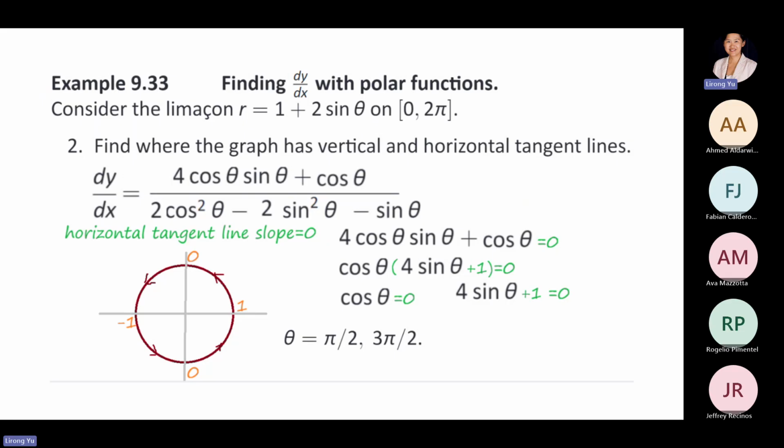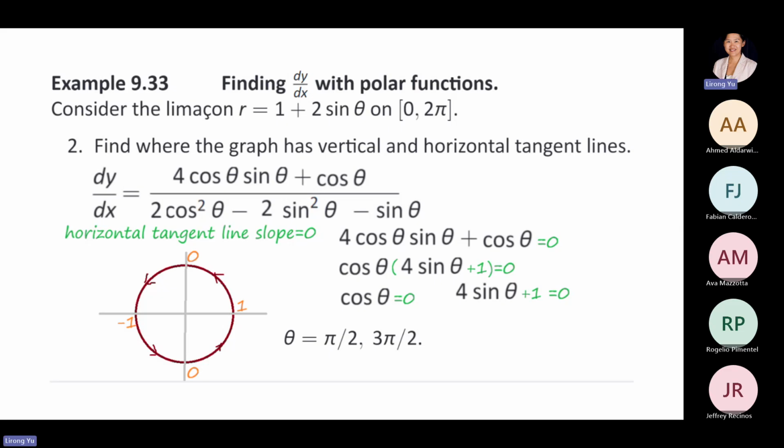So cosine is 1, 0, -1, back to 0, back to 1. That's 1 cycle, right? So cosine theta equals 0 at 90 degrees and at 270 degrees. So cosine theta equals 0 has only two solutions within one cycle between 0 to 2 pi. That's two solutions, pi over 2 and 3 pi over 2. So for cosine theta equal to 0, we are really solving a trig equation. Any question?